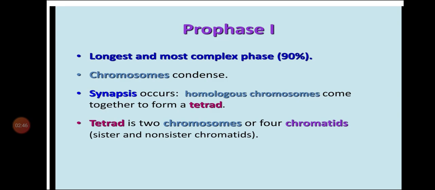So you have come across many words in this slide: synapsis, homologous chromosome, tetrad, chromatids, sister and non-sister chromatids. Before studying the sub-stages of prophase 1 in detail, we will first study the terms that are going to come in this phase, with the help of the diagram.